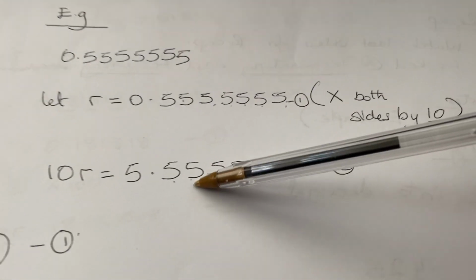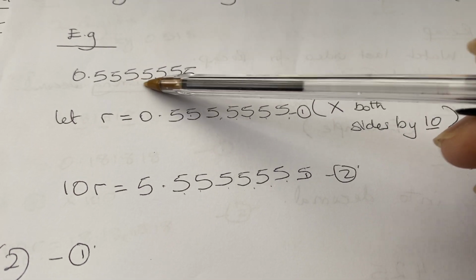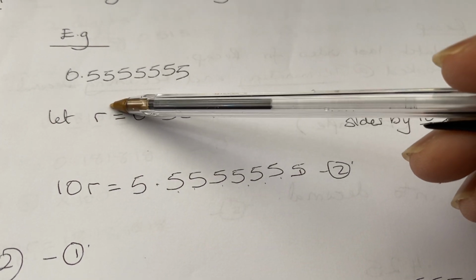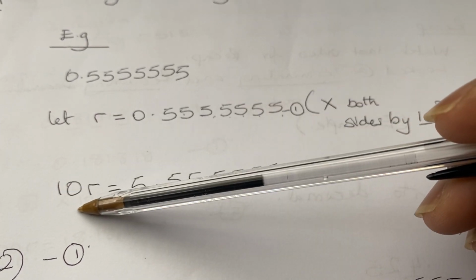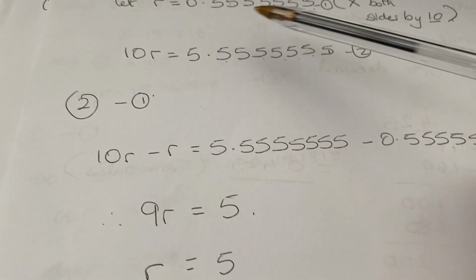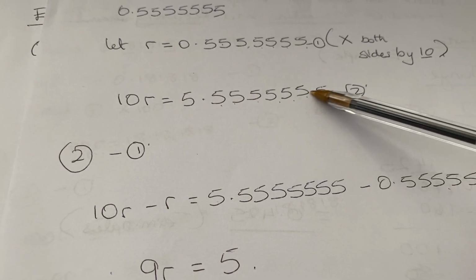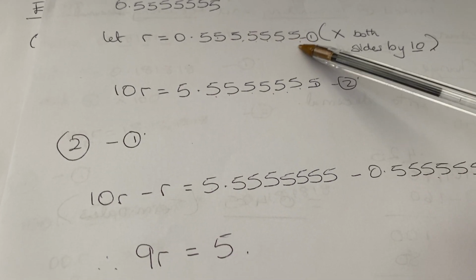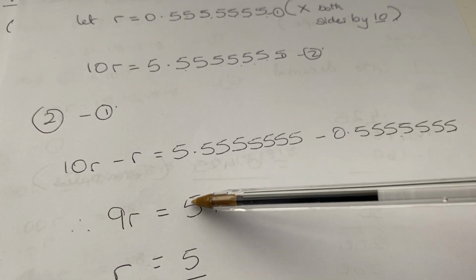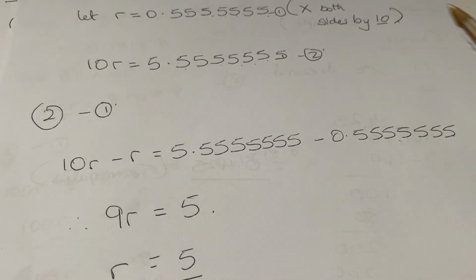But if it's 2 digits, like 0.515151, then instead of multiplying by 10, we'll multiply by 100, because we want a situation where we can get rid of all these recurring numbers. Okay, and then simplify it to this form.